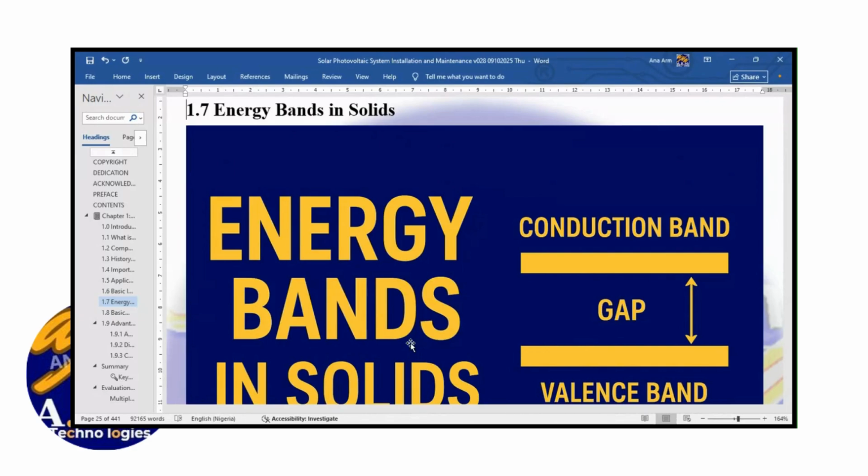Today's topic is energy bands in solids. This topic is quite unique because it connects both chemistry and physics.